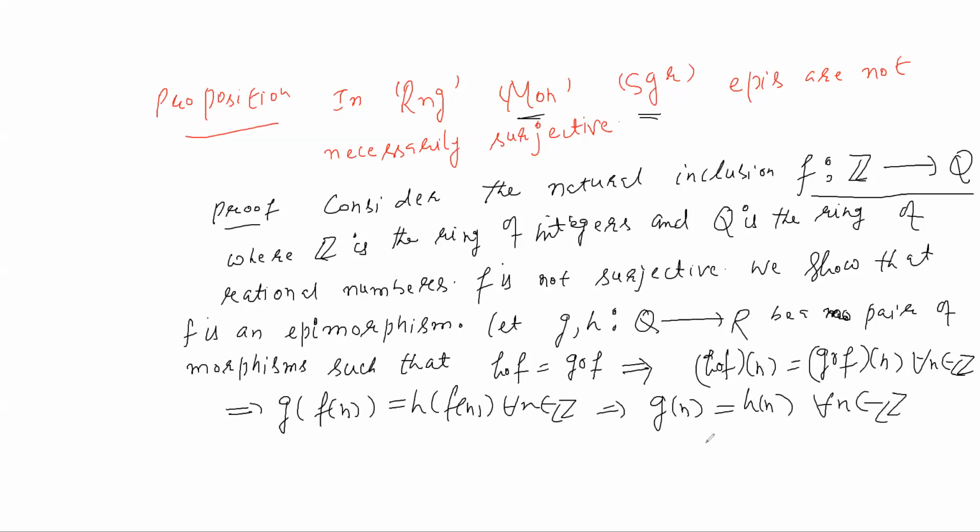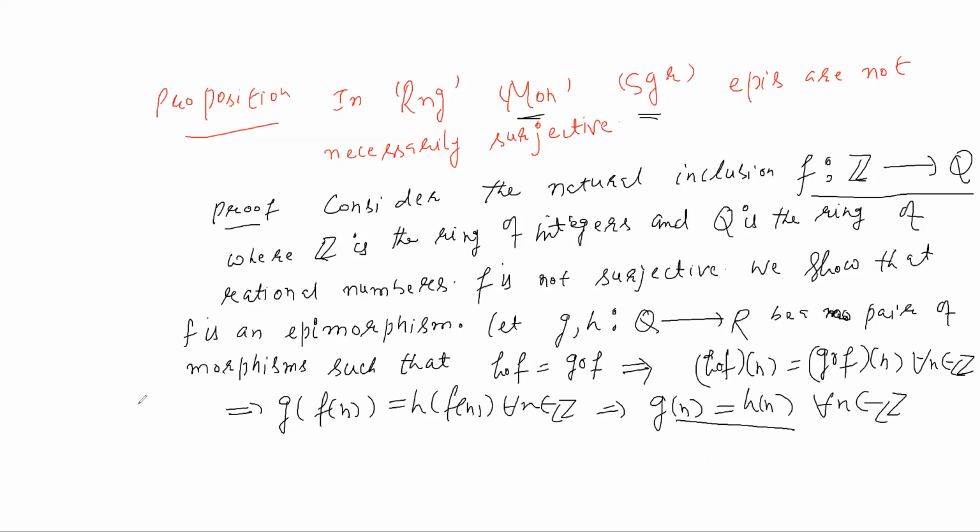So on integers they are the same, but we have to show that they are also the same on the fractions, rational numbers. And we would exploit this fact that on integers they are the same to get that they are the same on rationals.